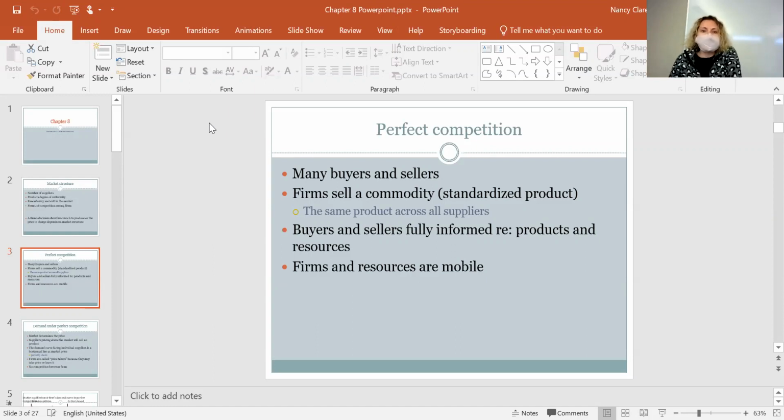Second characteristic, this was the degree of uniformity one, right? Is that in this particular type of market structure, we're selling a commodity. A commodity is a standardized product. The product is the same. Every seller is selling virtually identical goods that cannot be identified as coming from one producer rather than another producer. That's how the same they are.